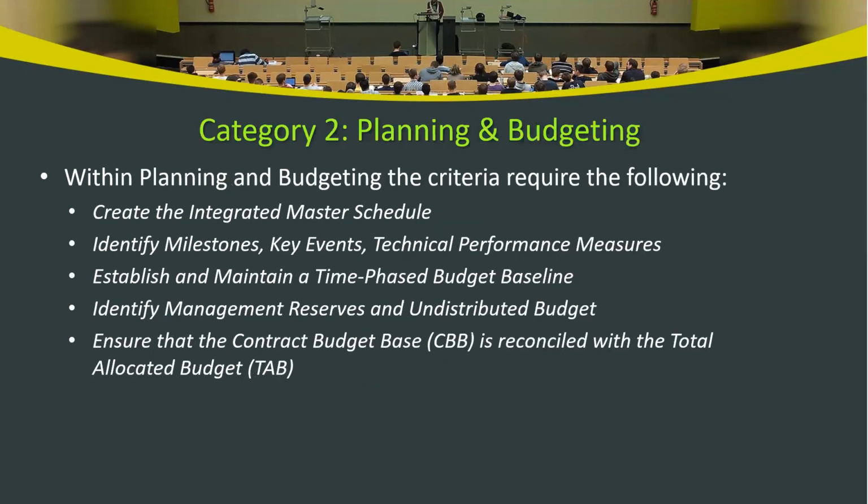All right, so let's look at the next one. Category 2 of EVMS is planning and budgeting. And what criteria we have here?